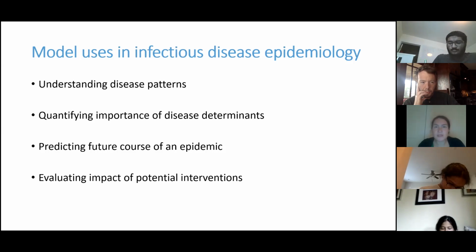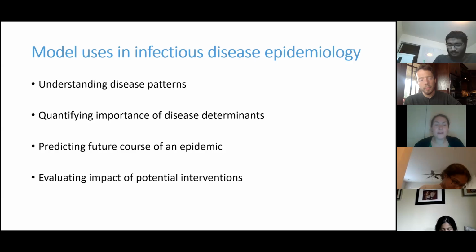Why do we see what we see, where we see it? We use these models to quantify the importance of different disease determinants, be those behavioral or biological, or the interaction between behavioral and biological determinants. What's driving the infection? What are the most important drivers of infection in a given population?